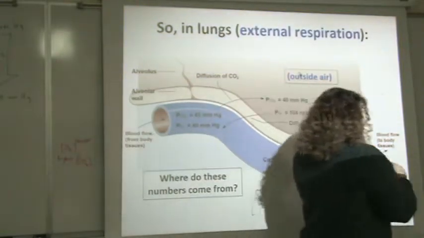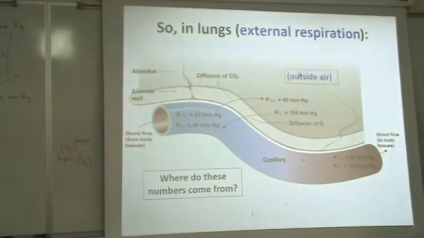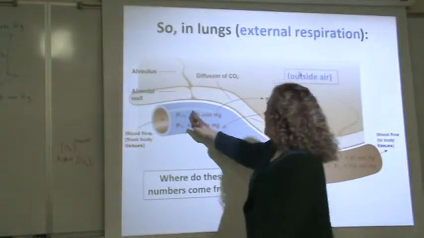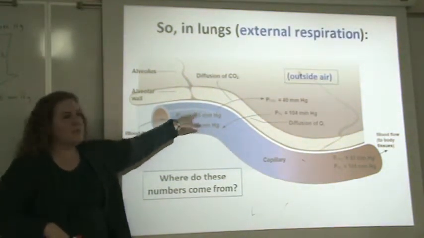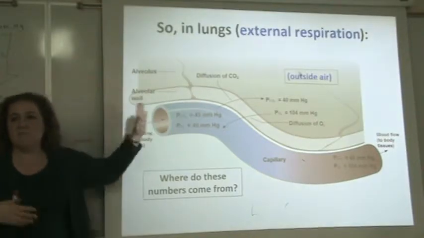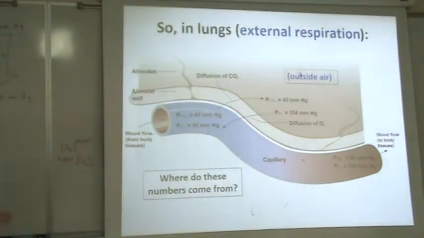Blood that is heading back to the heart, if this is working well, has higher oxygen concentration and lower CO2 concentration. That's what's supposed to happen. And now, when you see the numbers, don't worry so much about the unit. There are numbers associated with that. So the numbers mean that's a concentration of that gas at that point.